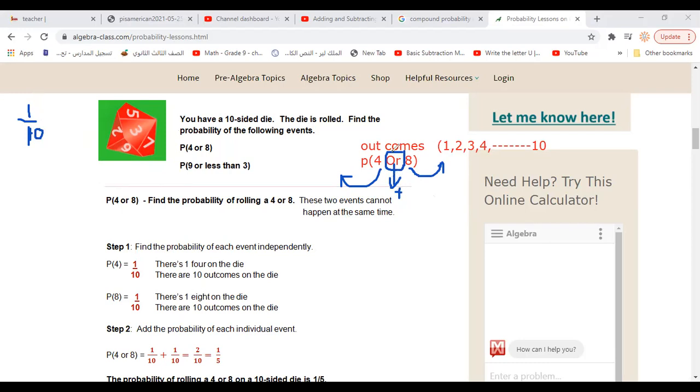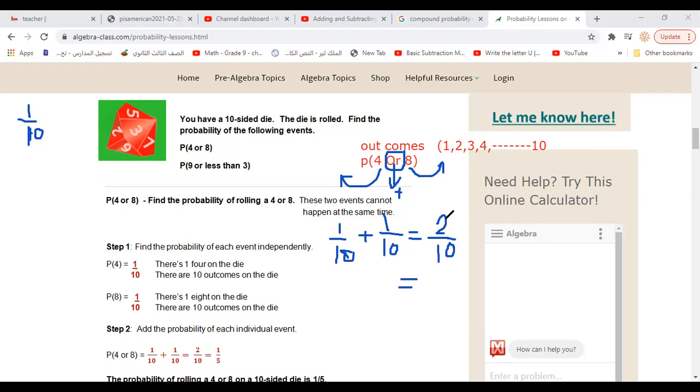We said that or means that we are going to add. So it will be 1 over 10 plus 1 over 10. So the answer will be equal to, we have a common denominator, so we will keep it the same, and we will add the numerators together, so it will be 2 out of 10. Now we want to put it in simplest form.